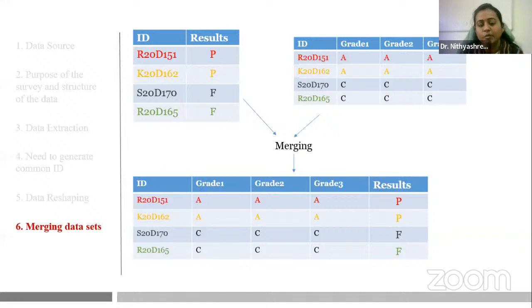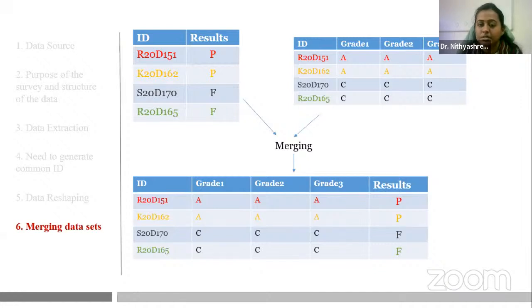First, you will know what the data sources available are. You will select which one you want to use for your research purpose. Then you will extract the data. Then you will create a common ID. Then you will see how the data are arranged. If it is in wide, it's okay. Sometimes it is available in wide itself. No need of reshaping in that case. If it is not, you need to bring a balance between two formats, either to wide or to long.